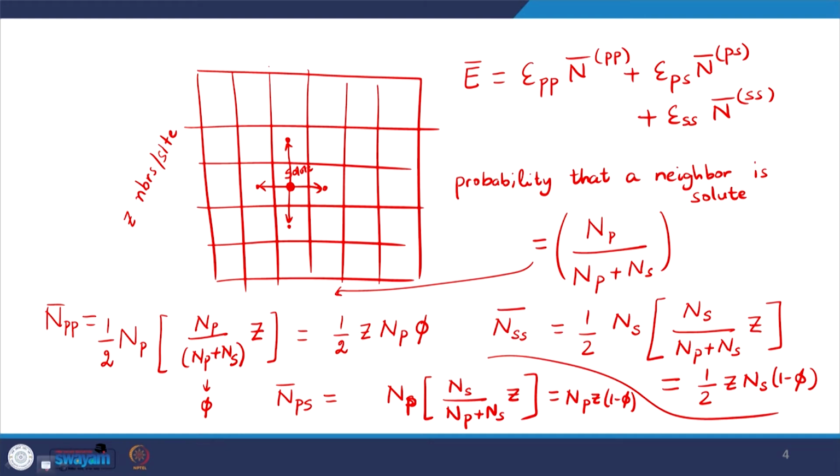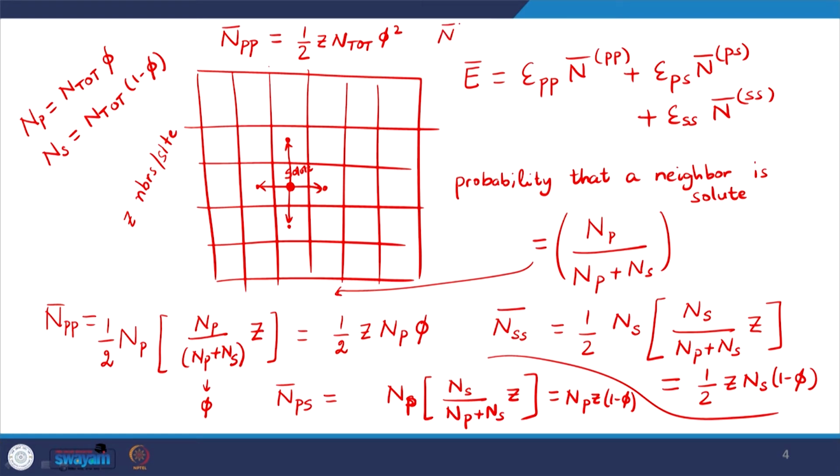So, now since NP itself is equal to N tot multiplied with phi and NS itself is equal to N tot multiplied with 1 minus phi, if I put that in here, what we find is the average number of solute-solute contacts is equal to half Z N tot multiplied with phi square.